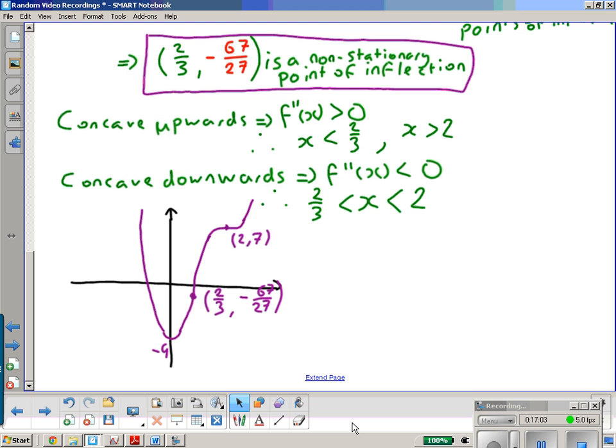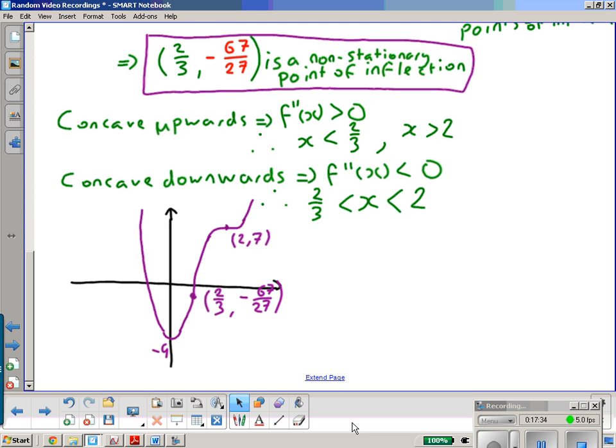So remember, to work through an example like this, there's a lot you need to do. dy by dx equals 0, or f dashed of x, finds stationary points. The second derivative, d2y by dx squared, or f double dashed of x equal to 0, finds your non-stationary points. If your second derivative at a point is positive, it's concave up, which means that it's a minimum.